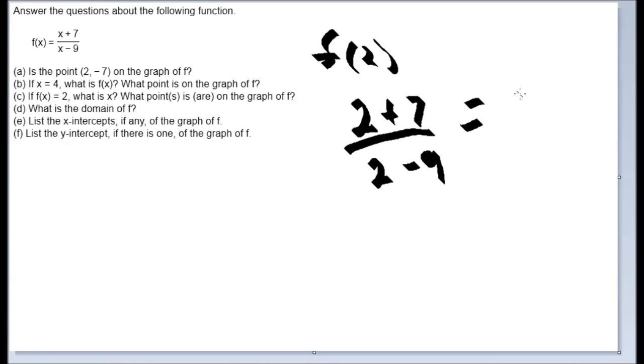So here we have 9, and on the bottom we would have 2 minus 9, which is negative 7. And let's see, we're supposed to have a minus 7 there. Well, 2 plus 7 is 9. 2 minus 9 is negative 7. This number is not negative 7, so I'm going to say nope, it is not.